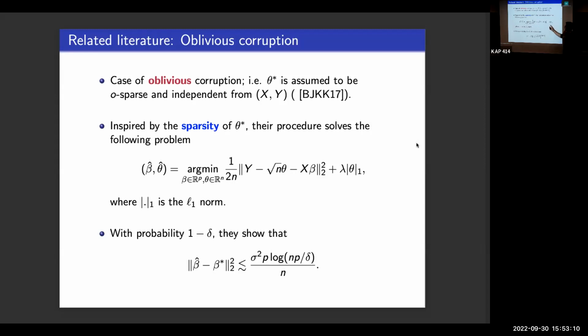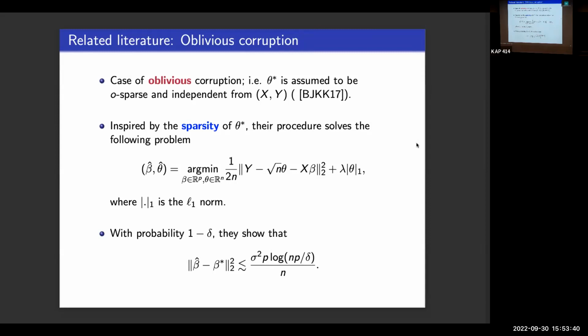But they were the first, probably, I don't know if they were the first, but at least they tried something using this optimization problem. So rather than estimating beta alone, the idea here is to think of beta and theta as a bigger vector, just concatenating these two vectors and thinking of this regression. So when you write y equal to x beta plus theta, you can always think of it this way as some bigger regression problem.